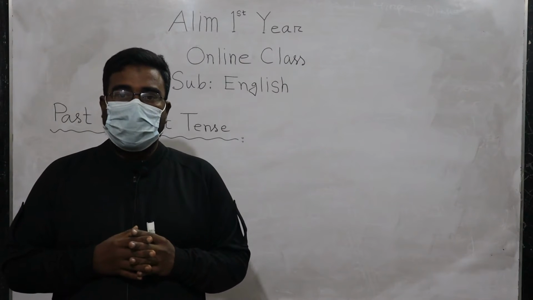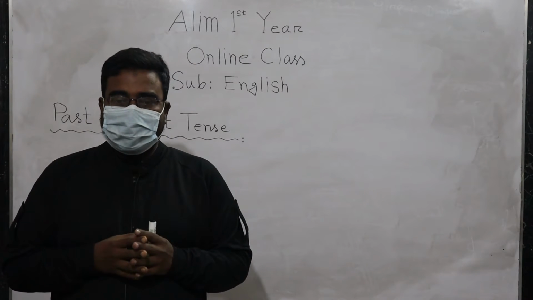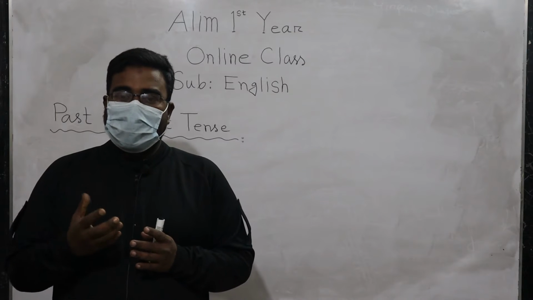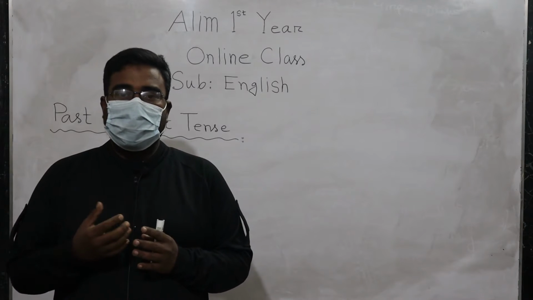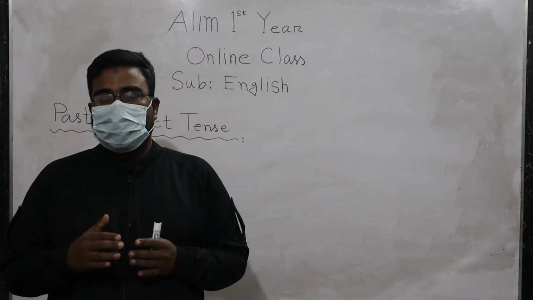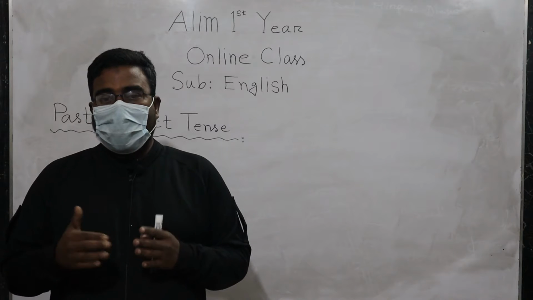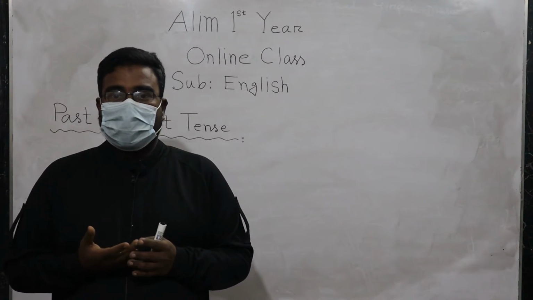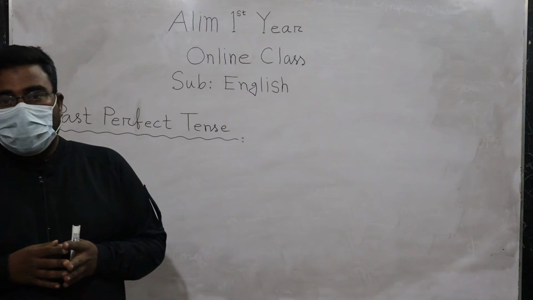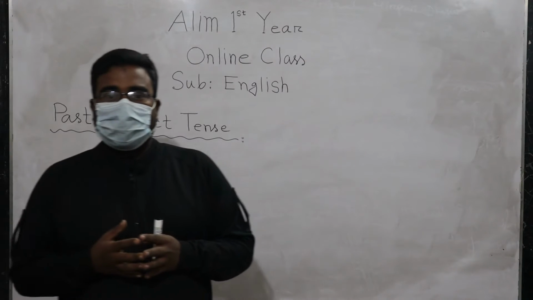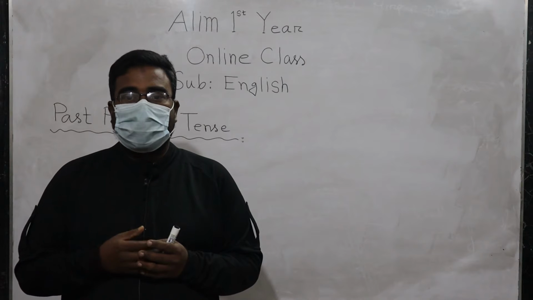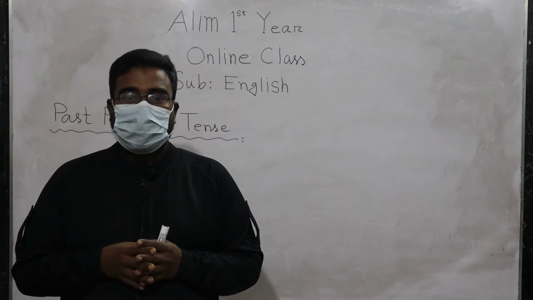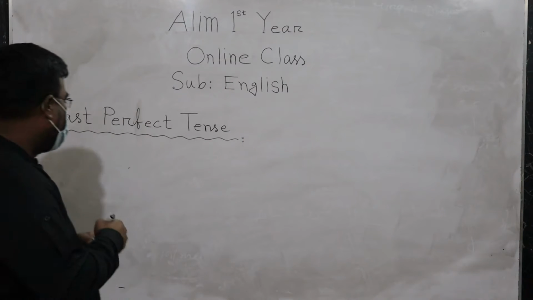So we usually see that past perfect tense is used before and the past indefinite tense after. To make it clear, we have to learn the structure of the past perfect tense. So here we go for the structure.